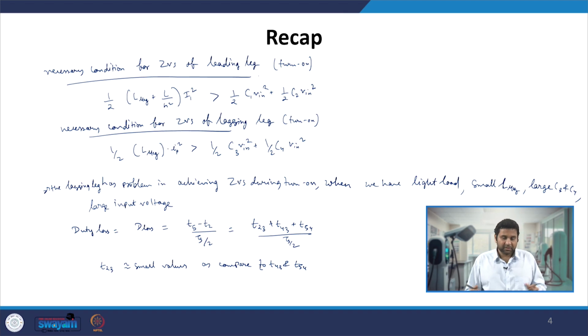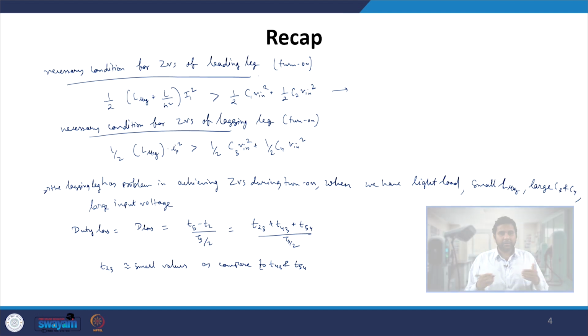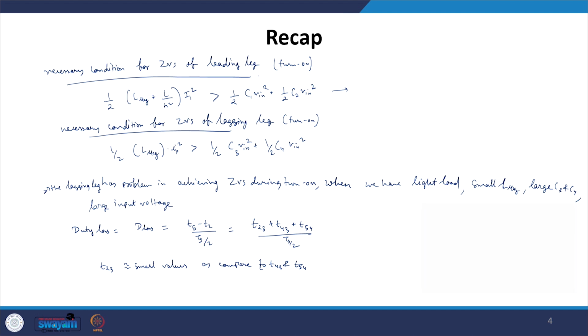That energy is utilized to discharge the C2 and charge the C1 capacitance to either V in voltage or 0 voltage, and this condition is true even if this I1 is small. So we can get 100% ZVS for most of the load range.